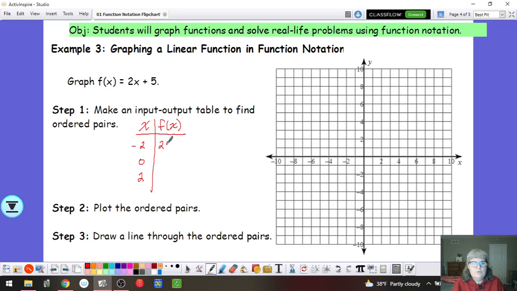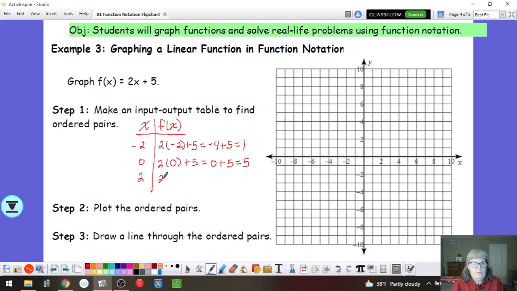So that is 2 times negative 2 plus 5. 2 times negative 2 is negative 4, plus 5 is 1. Now evaluate when x is 0. 2 times 0 plus 5 is going to be 0 plus 5, or just 5.